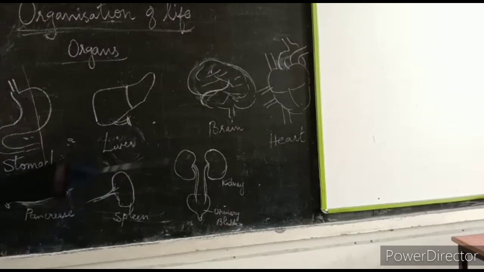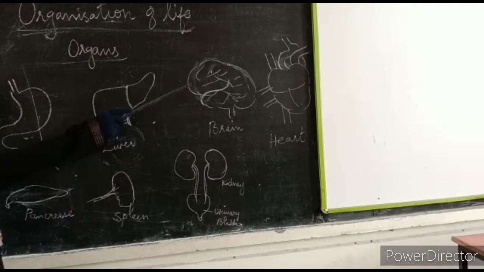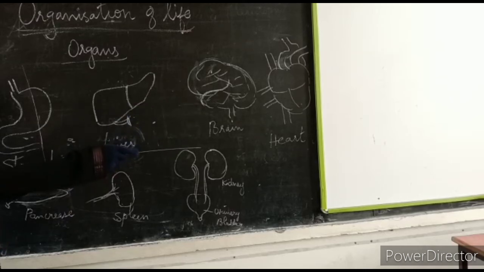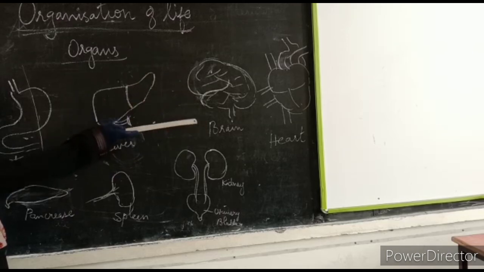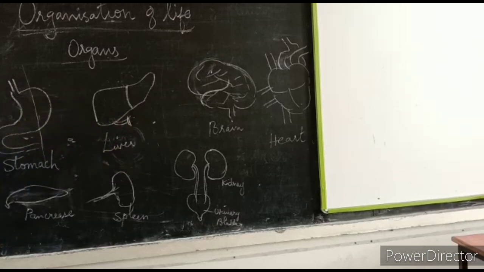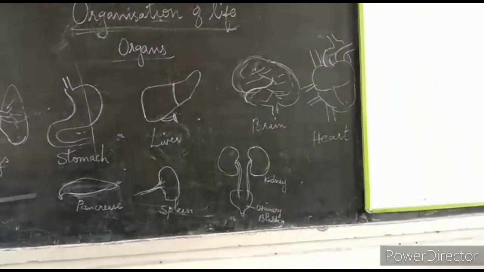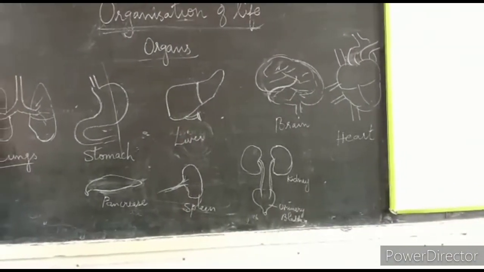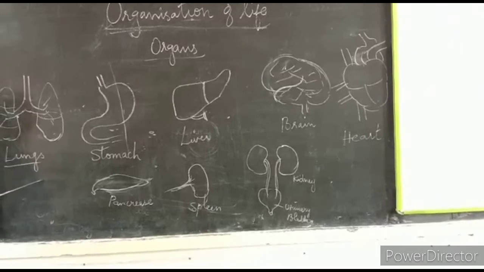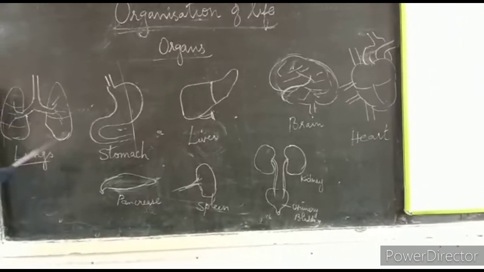Then what is the function of the heart? I told you the function of the heart is to carry the oxygenated blood to all parts of the body. From where is it carrying the oxygenated blood? It carries the oxygen from the lungs. So these are all interrelated. All the organs and all the organ systems are interrelated with each other.